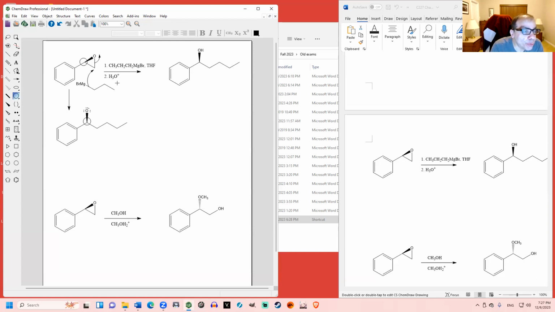Then in a second subsequent step, we add dilute aqueous acid. The first thing the acid will do is protonate any leftover Grignard reagent. You probably used a slight excess to make sure that you consumed all of the epoxide. And so that's the first thing that will happen. And then the hydronium ion puts a proton onto the O-, onto the alkoxide ion.